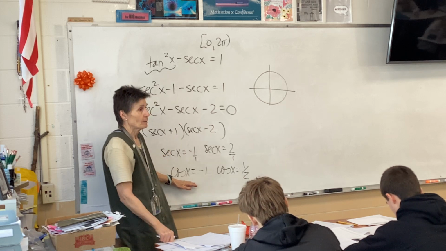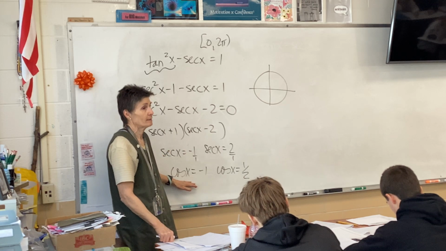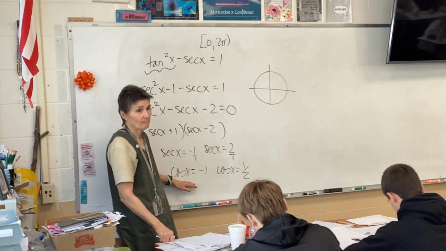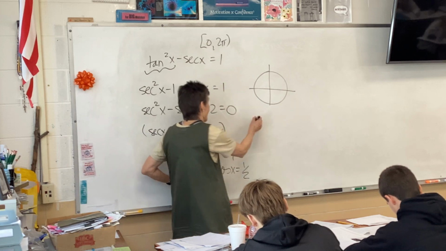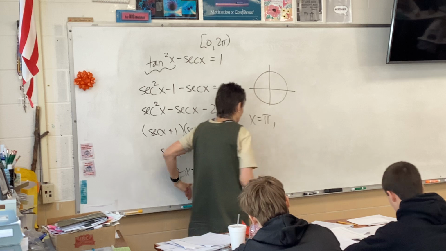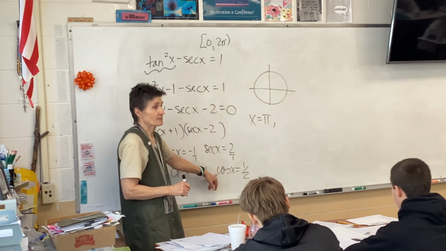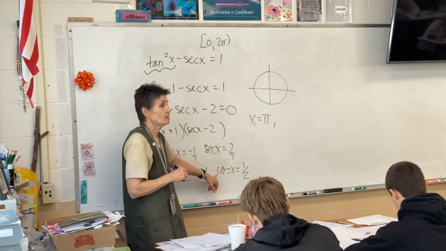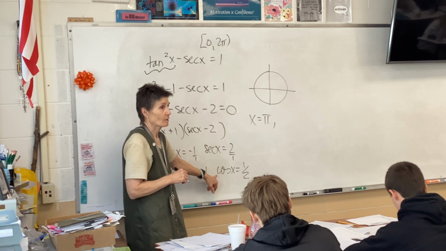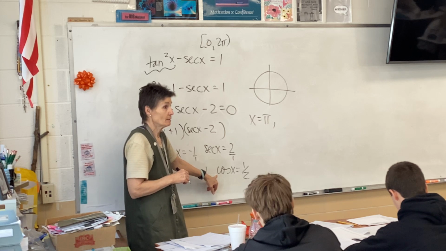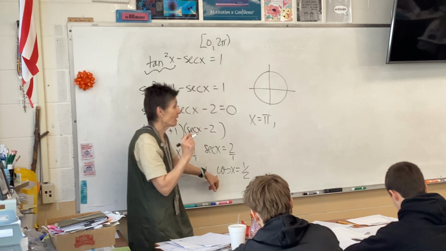Unit circle. Where is the cosine -1? Pi. Where is the cosine 1/2? Pi over 3 and 5 pi over 3.